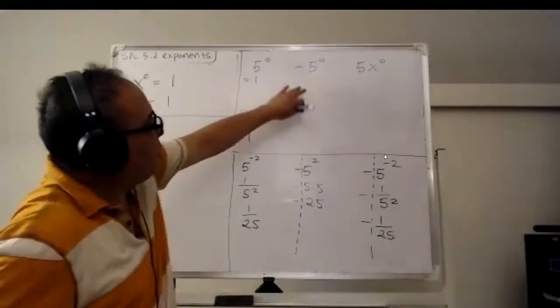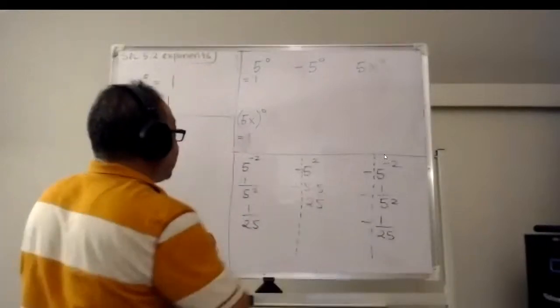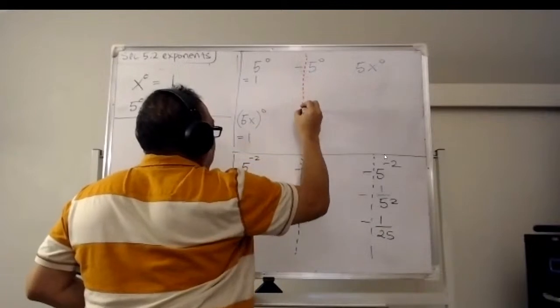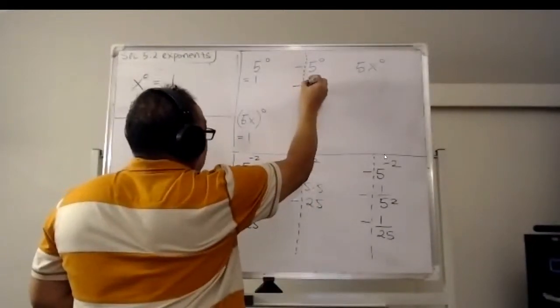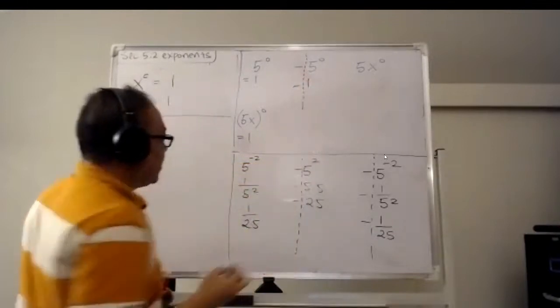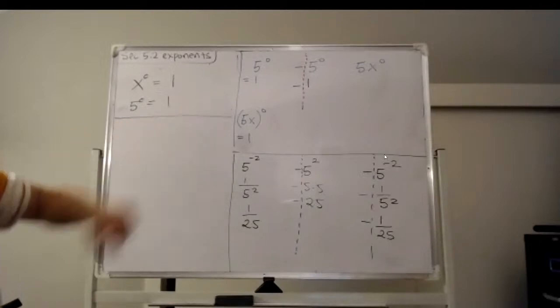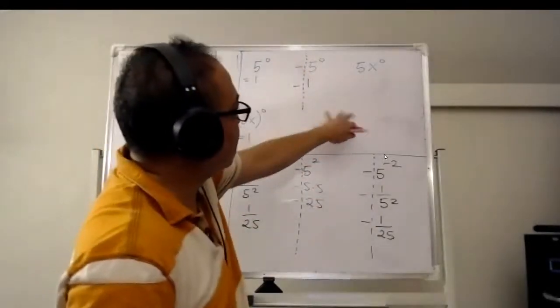Now, this one and this one are very similar. That negative is not connected to the 5. So this negative will come down and then just become a 1. So the answer to that one is -1. Now this one is subtle also.